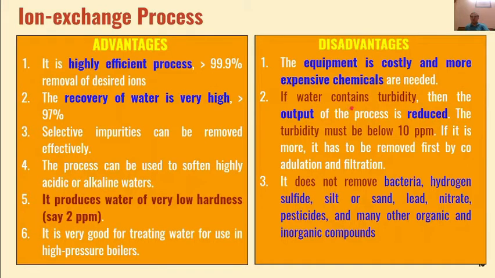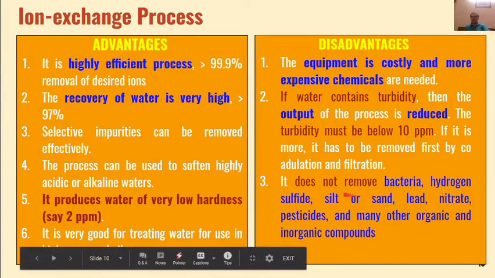Then if water contains turbidity, then the output of the process is reduced. The turbidity must be below 10 ppm, only then is this process effective. And if turbidity is more before this process, we need to remove it by another process, either through coagulation or filtration.